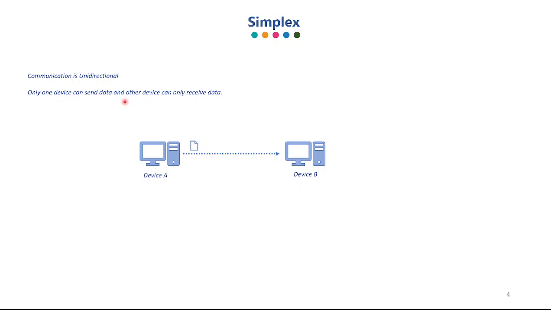Only one device can send the data, the other device can only receive data. It never sends the data back. It moves from one direction to the other direction. As simple as that. There is no way that device B is going to send any data back to device A. It always acts as a receiver.